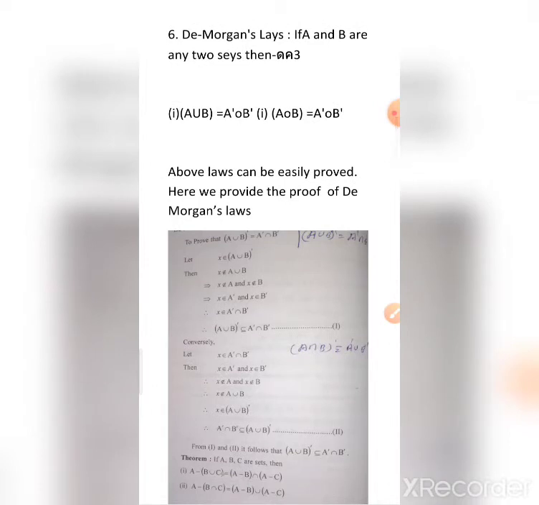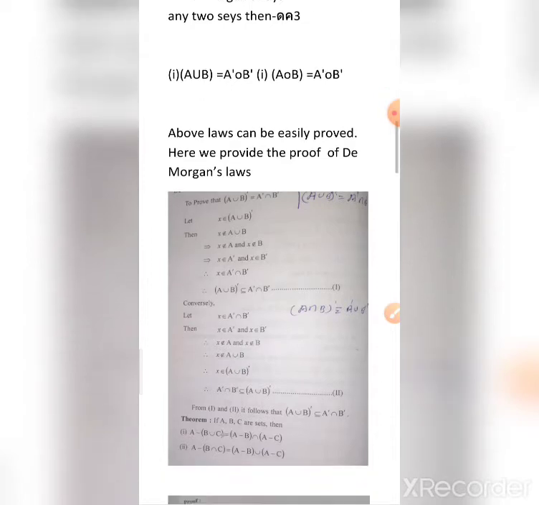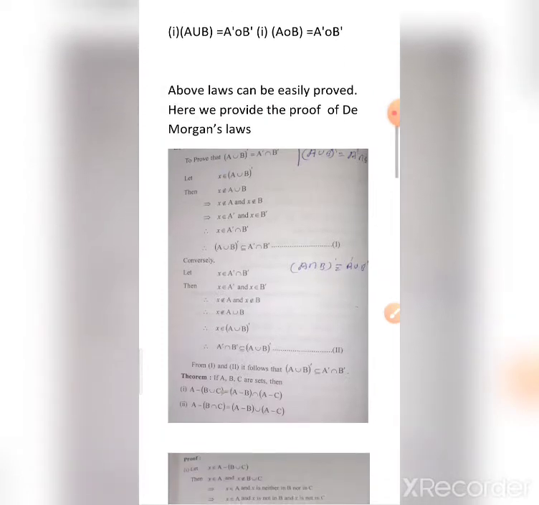You already know that if A is a subset of B and B is a subset of A, then A is equal to B. We use this to prove the laws. First take A union B dash is equal to A dash intersection B dash. Let x belong to A union B dash.